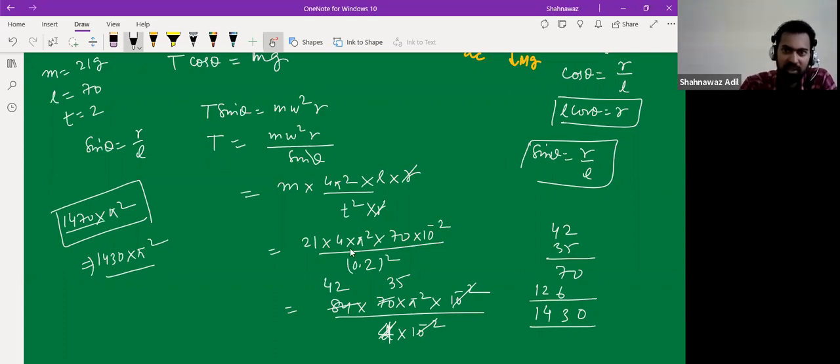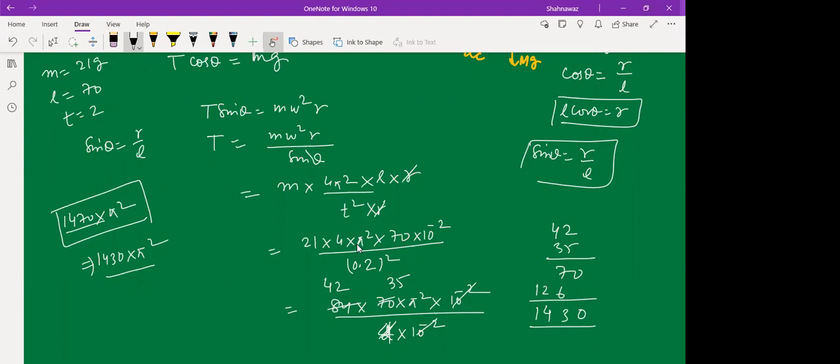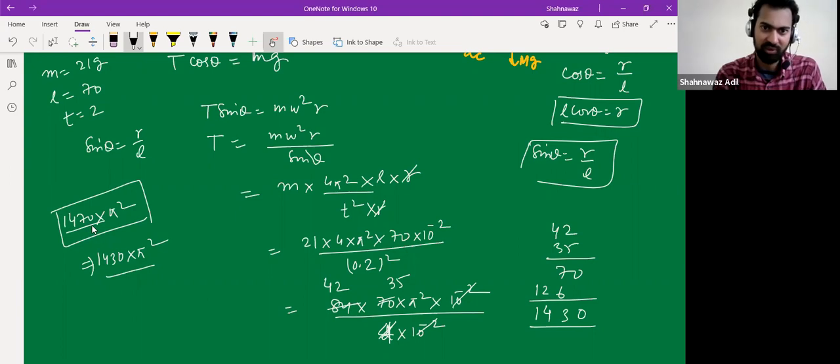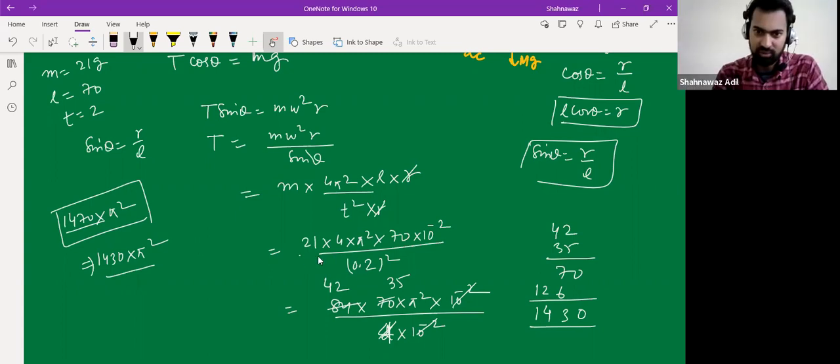Or did I make any mistake? Did anyone else solve this problem? Arpit? Sir, I guess it's 1470. So you also got 1470 as the final answer. Okay, so where did I go wrong?